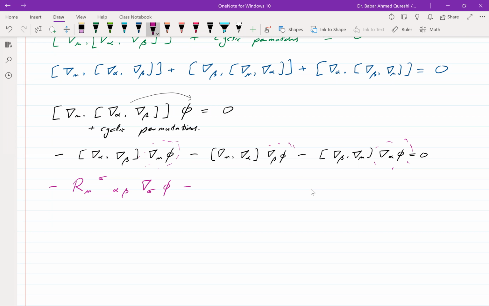Then I'm just doing permutation. Rho beta sigma mu alpha d sigma phi minus, again another slide, rho alpha sigma beta mu d sigma phi is 0.